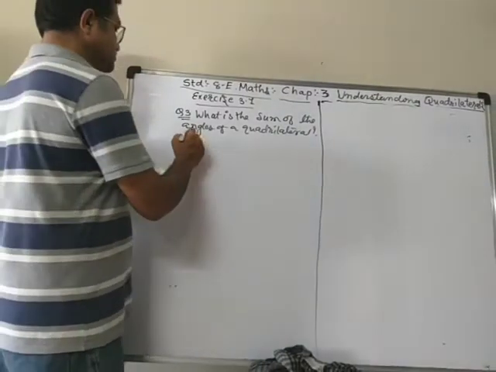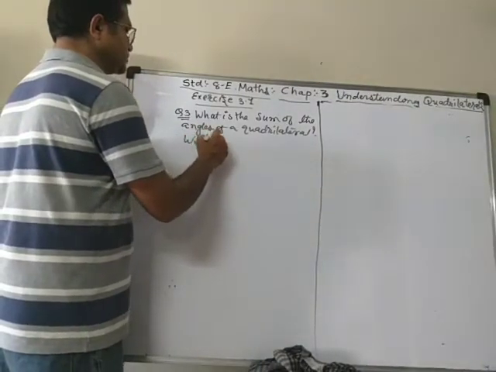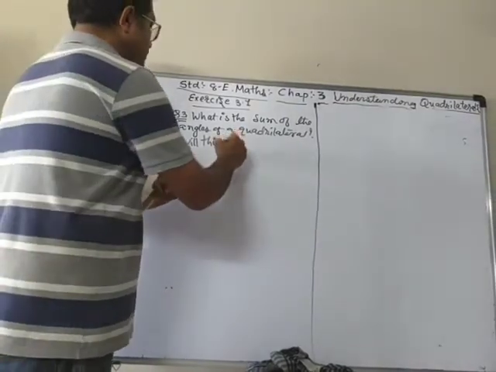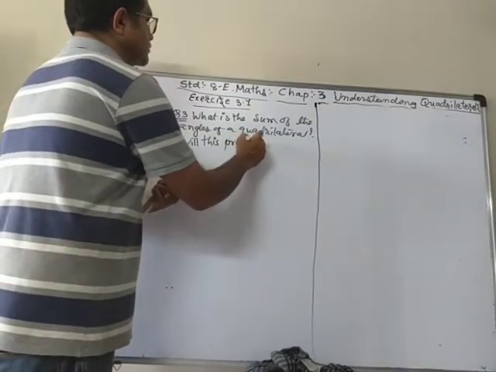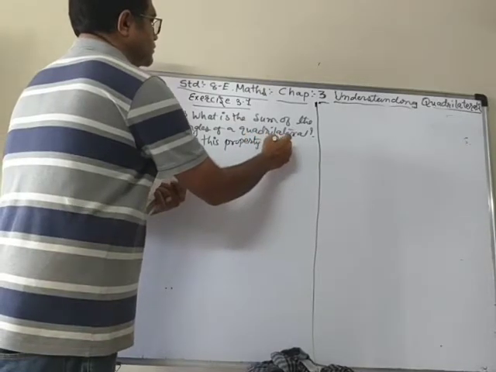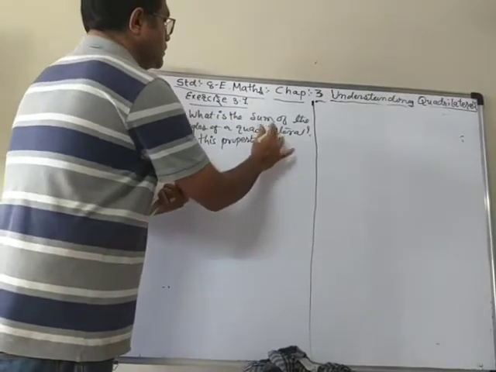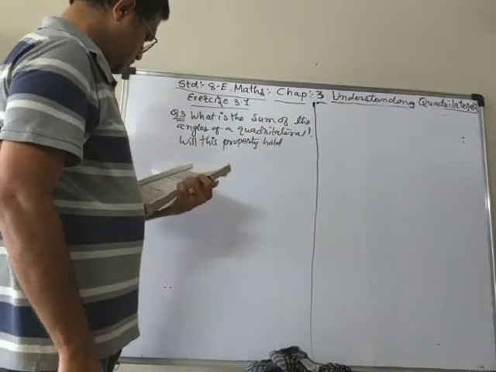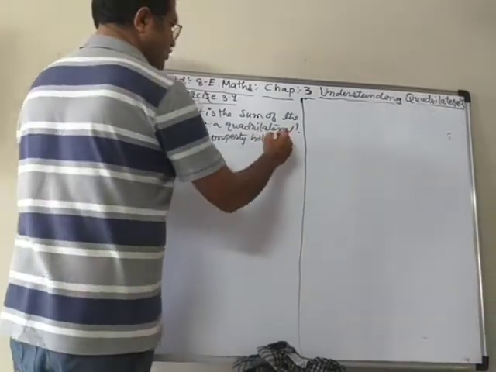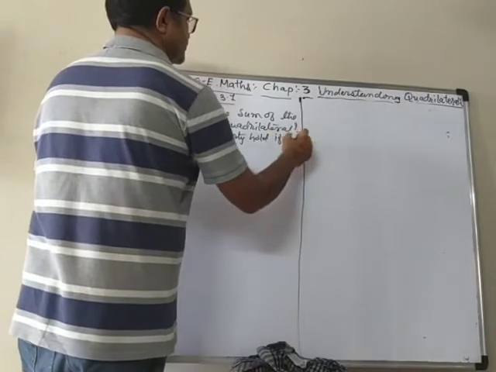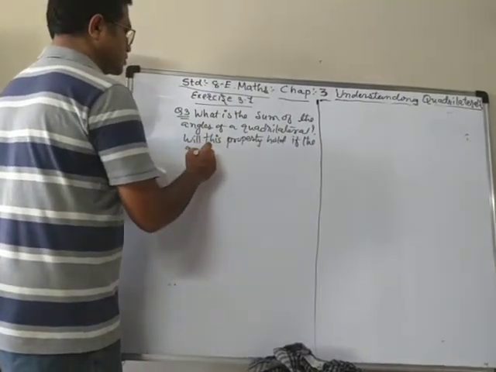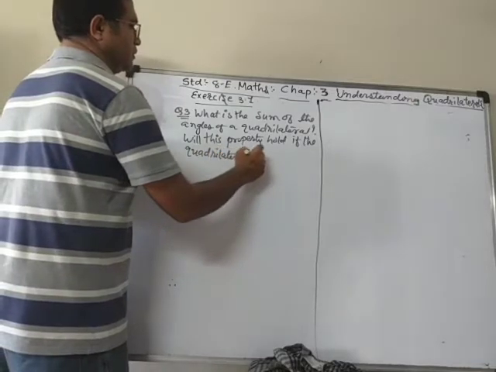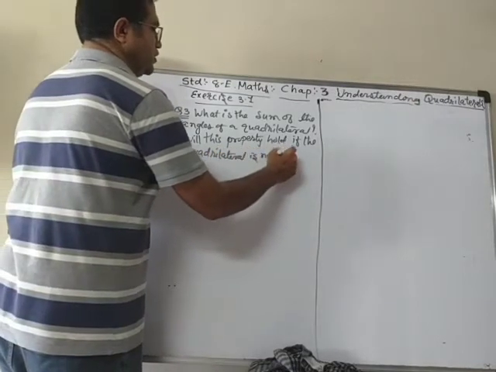Also, they ask, will this property hold if the quadrilateral is not convex?